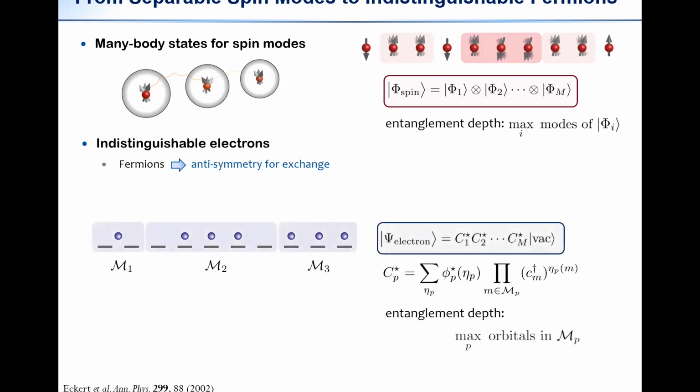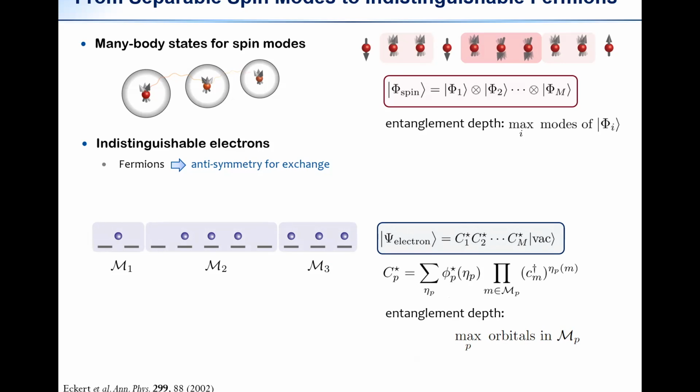For electrons, this has been generalized by Philip Hauke three years ago. Instead of using the tensor product of wave functions, they generalized it using creation operators. The creation operator is an irreducible superposition of many electrons inside a partition.